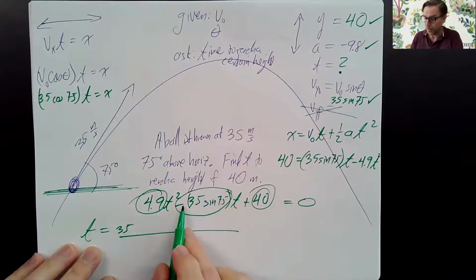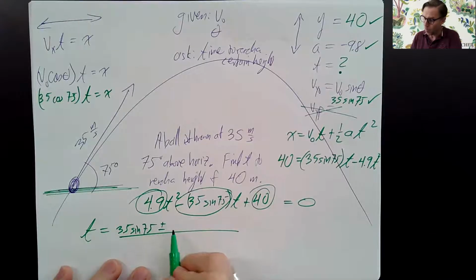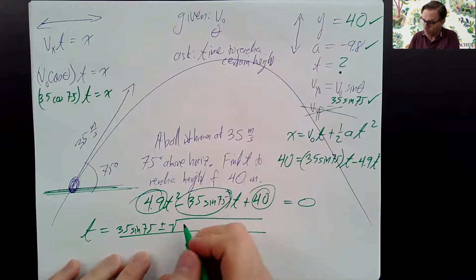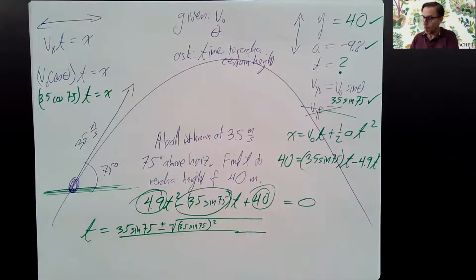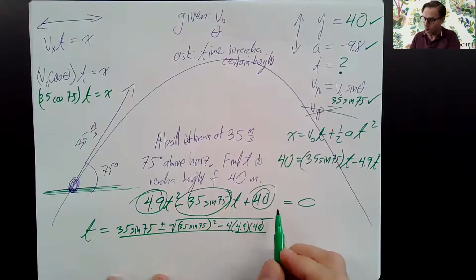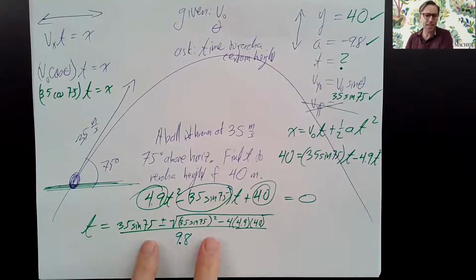B is negative, so I'm going to make negative b positive. 35 sine 75 plus or minus the square root of b squared, 35 sine 75, that whole thing squared, minus 4ac, all over 2a. 2 times 4.9 is 9.8. All right, and I'm just going to stick that in my calculator.